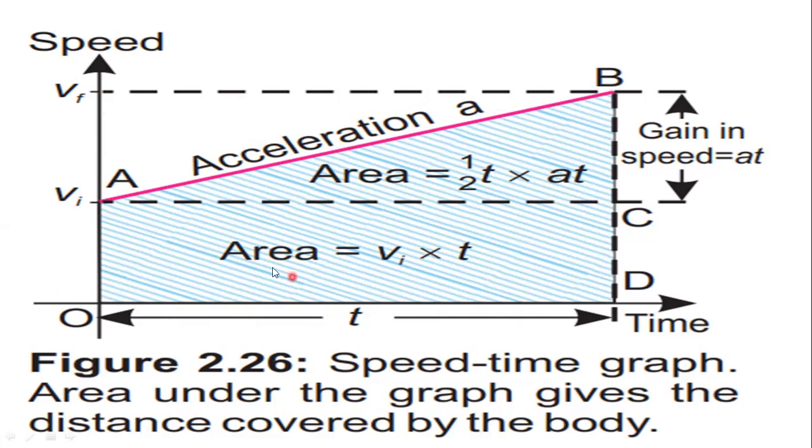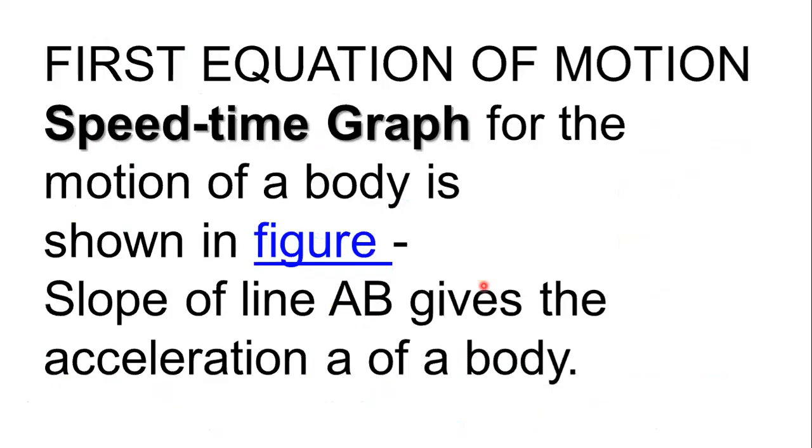Once again, that is the area which is representing the velocity or the speed, that is v into t. And the next is the area which is representing half into t into a into t. So this is the area of the triangular region, and this is the area of the rectangular region. So now we will prove the second equation of motion.